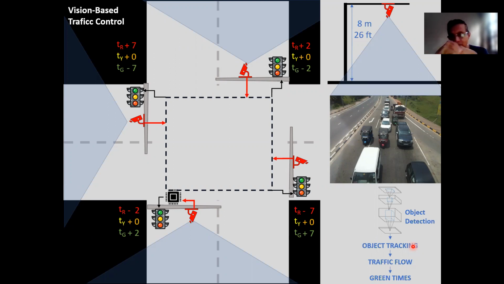And after, say, half a second, you identify the same vehicle on a different frame, and you know the distance traveled and the time it took, right? Then you can calculate the average speed. So that is how we calculate the speed without using any radar sensors or anything, right? So then we get the flow information, and then eventually we can connect it to the green time, right?